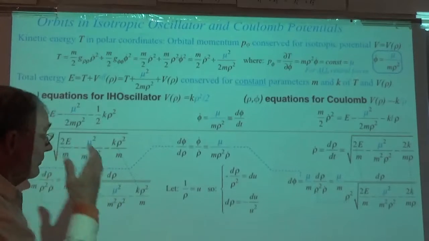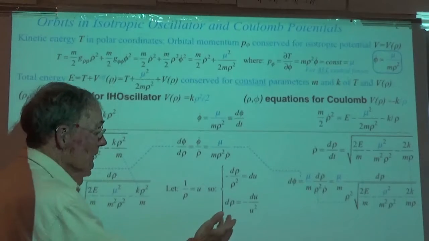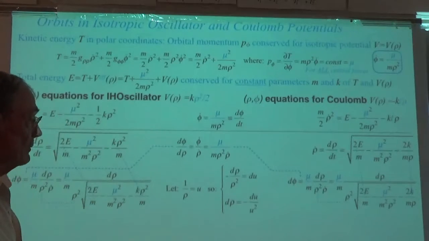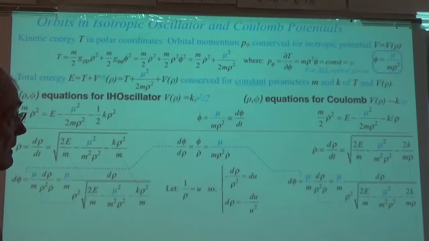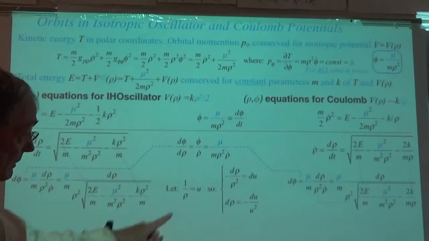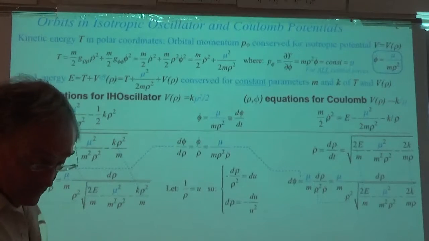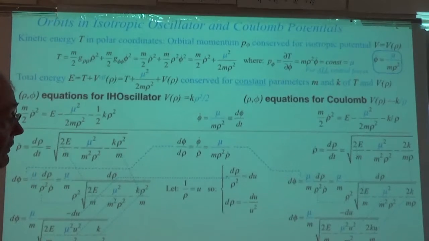This is pretty much standard stuff in every classical book I know of that does the Coulomb. We don't always do the oscillator this way, but when the Coulomb comes up, it really helps to turn that over so you make something that's easier to solve.